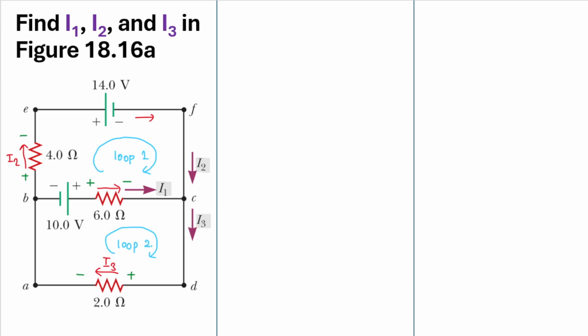The sign of the resistor will be very helpful to analyze both loops. But first, I want to apply the junction rule, here at point C. So, the Kirchhoff junction rule at point C.